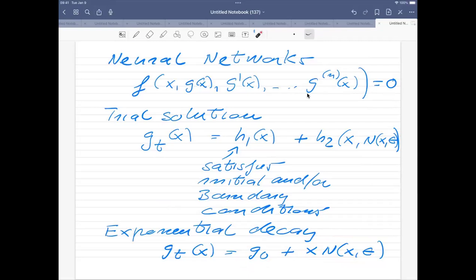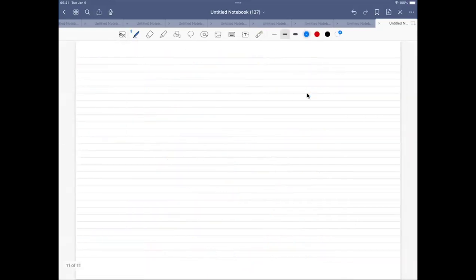If we look at the 2-point boundary value problem, let's take a look at that one and how we could set up a trial wave function. The population growth case is pretty similar to the exponential decay case. So let's look at the 2-point boundary value problem.